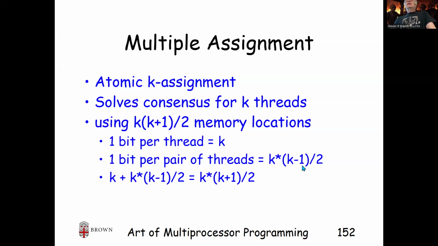And so that's K, and K times K minus 1 over 2 is the number of pairs of threads. If we add those 2 things together, we get K times K plus 1 over 2. So you can solve K consensus by writing K values into K times K plus 1 over 2 memory locations.